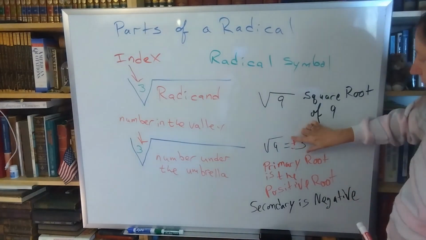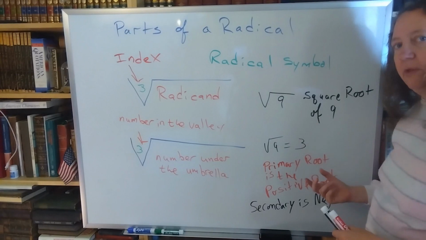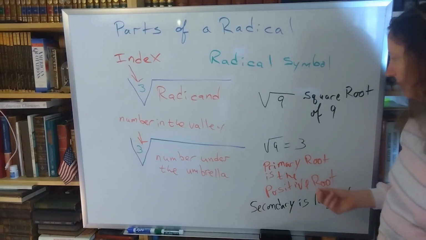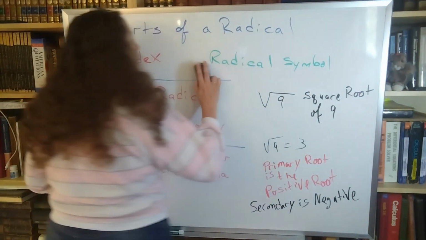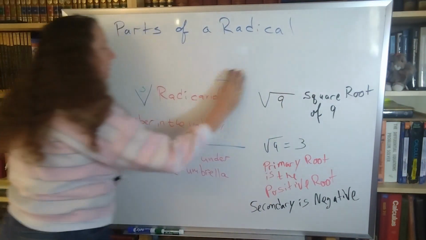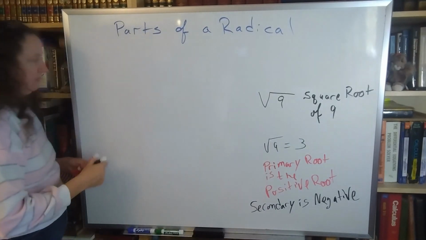So most of the time when we look at this, we will be dealing only with the positive 3 there. At other times, though, we will have other numbers in the valley.